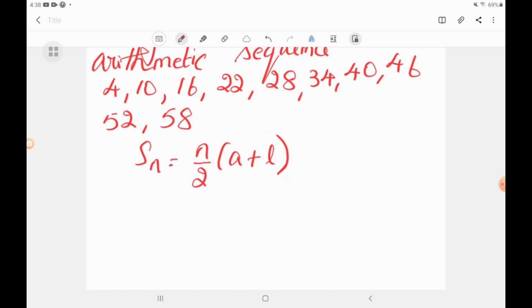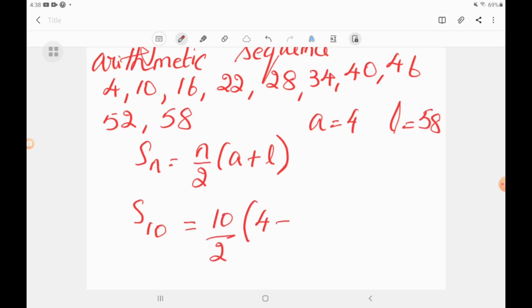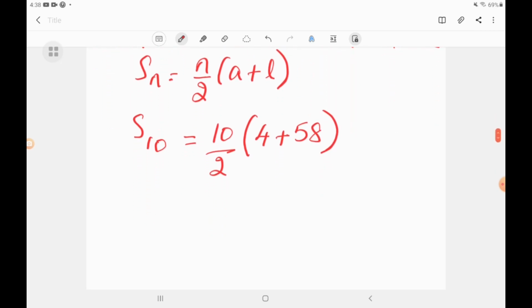Since you're finding the sum of the 10 terms, n represents 10, a is equal to 4, and L is equal to 58. Therefore, we have 10 divided by 2 times (4 plus 58). 10 divided by 2 is 5.